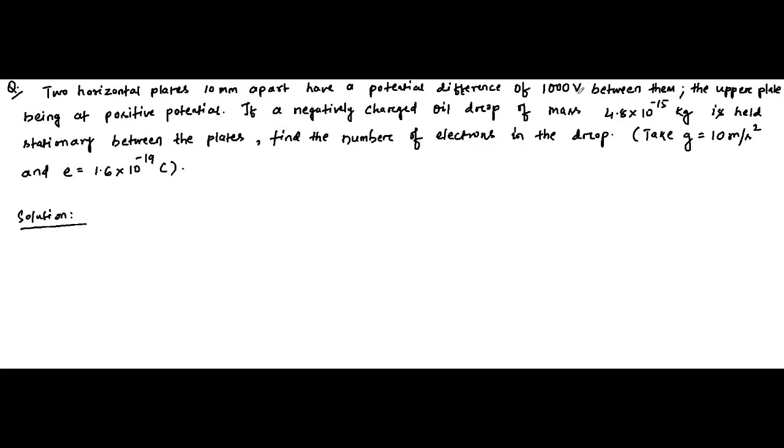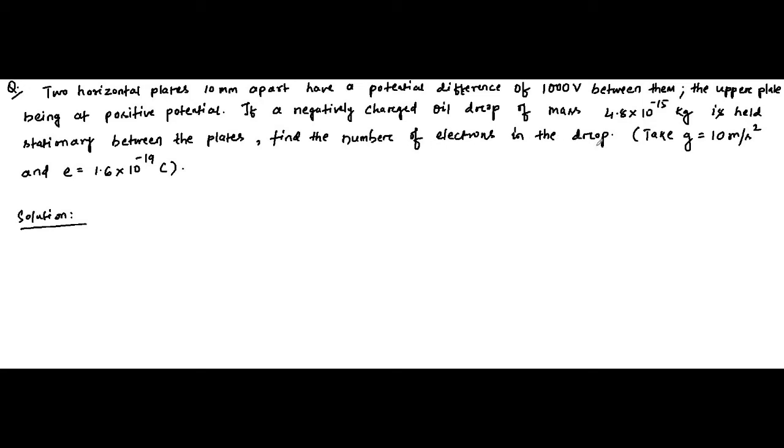The upper plate is at positive potential, it is positive. If a negatively charged oil drop of mass 4.8 into 10 to the power minus 15 kg is held stationary between the two plates, find the number of electrons in the drop.